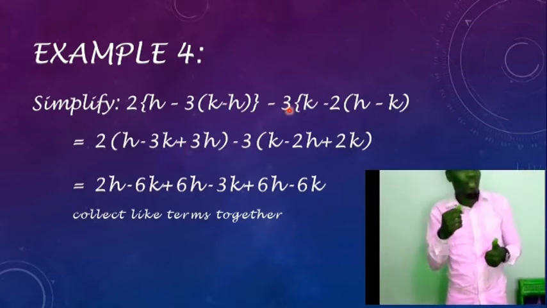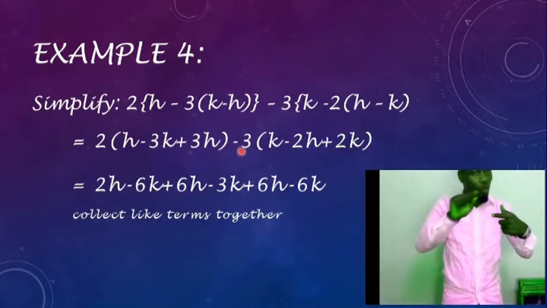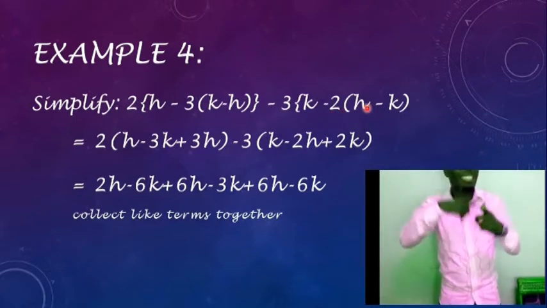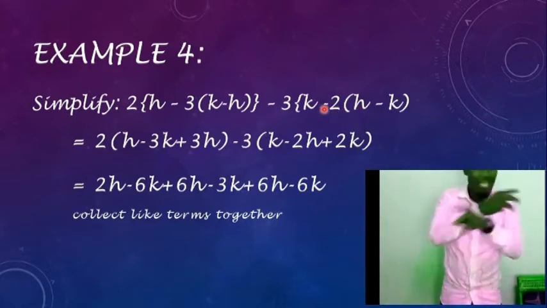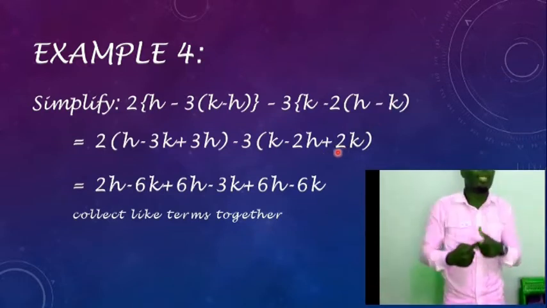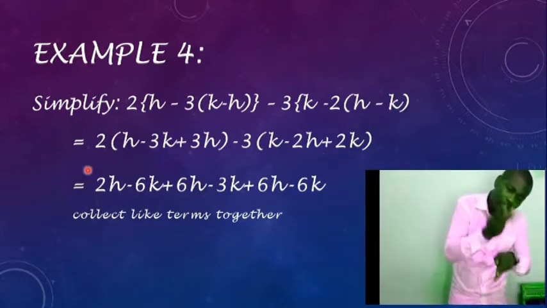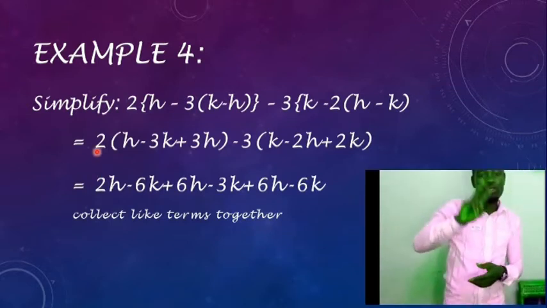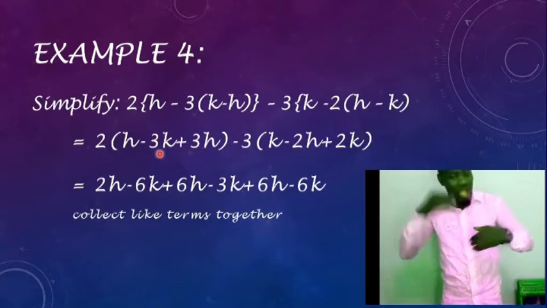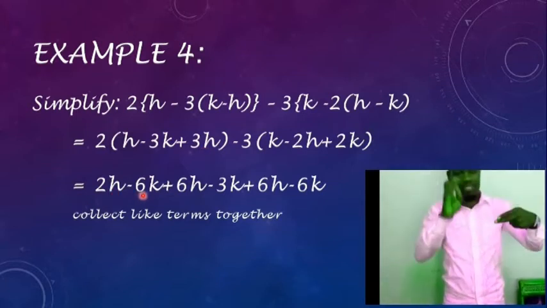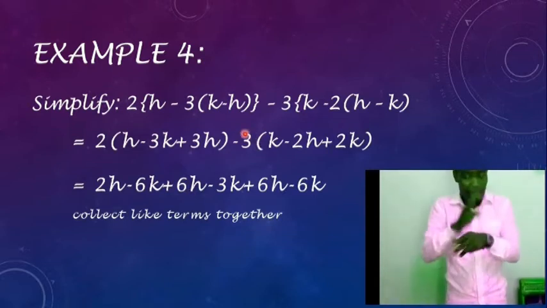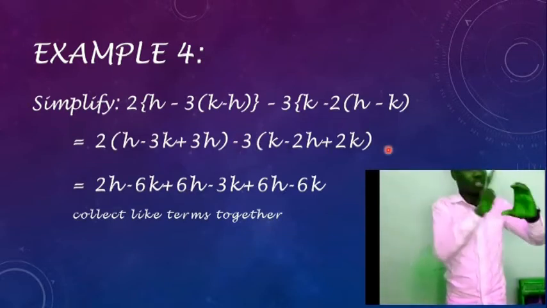Now let's move to the other side. Minus 3 into bracket k minus 2h, then plus, minus times minus, plus 2k. If we multiply this quantity 2 with all the terms in this bracket, we are going to have 2h minus 6k plus 6h. Let's multiply this quantity 3 by all the items in this bracket.